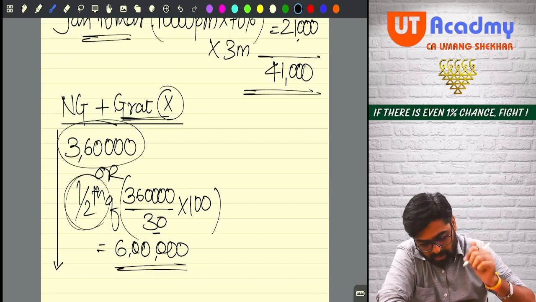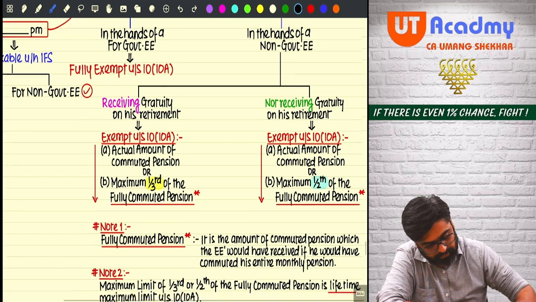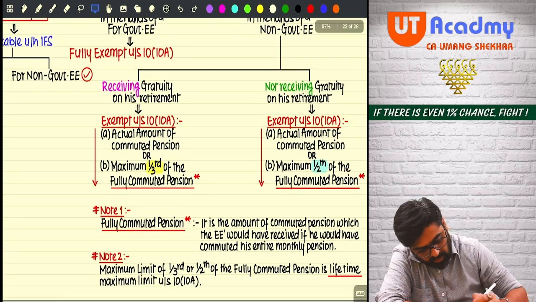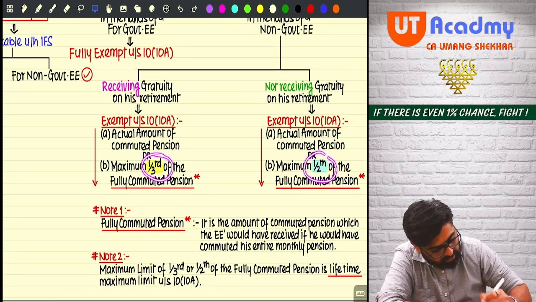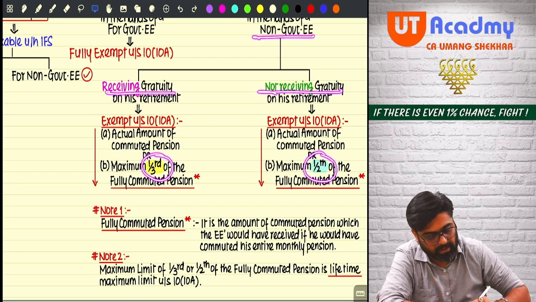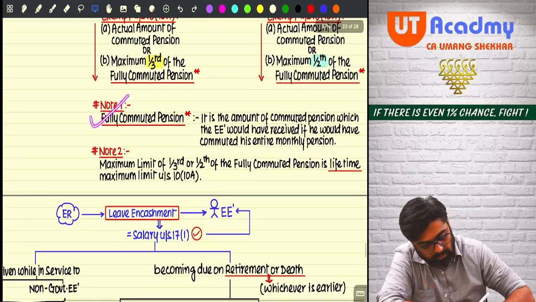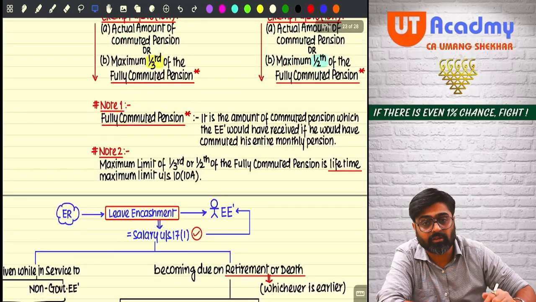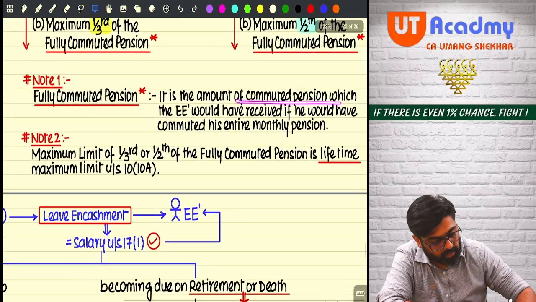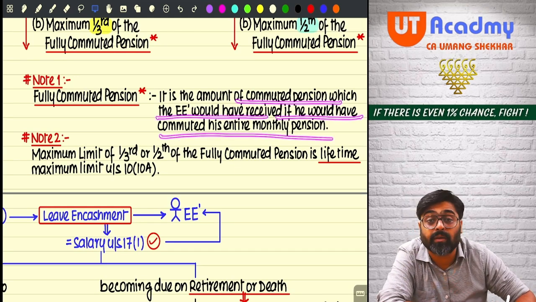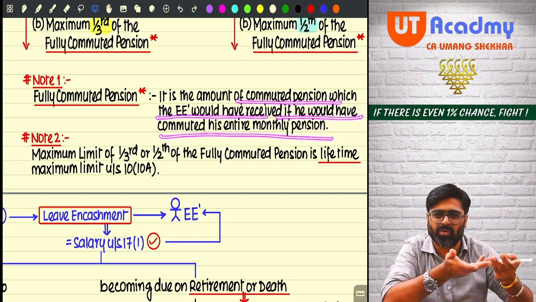Sure, everyone. Pay attention. See, I told you, here it is 1/3 and here it is half. Receiving gratuity, not receiving gratuity. Non-government employee. Okay? Now what is fully commuted pension? Read. I have already explained. It is the amount of commuted pension which the employee would have received if he had commuted his entire monthly pension. For that we are supposed to do cross multiplication.